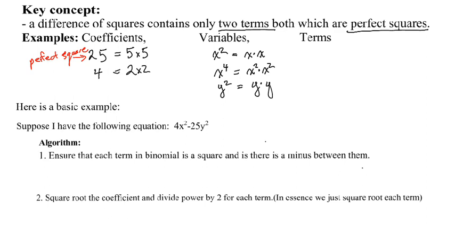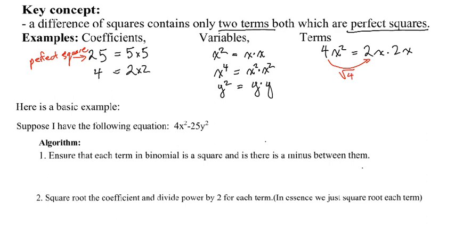Now, if I had a term which was a mixture of a coefficient and a variable, an example of a perfect square for that would be 4x squared. So what would you get? You'd get 2x times 2x. And the way we do this is, to get the 4 to turn into the 2, we take the square root of 4.